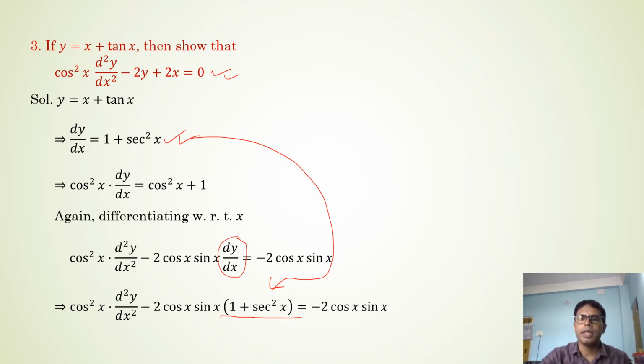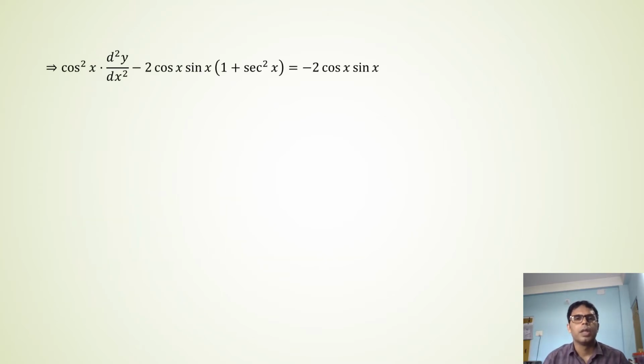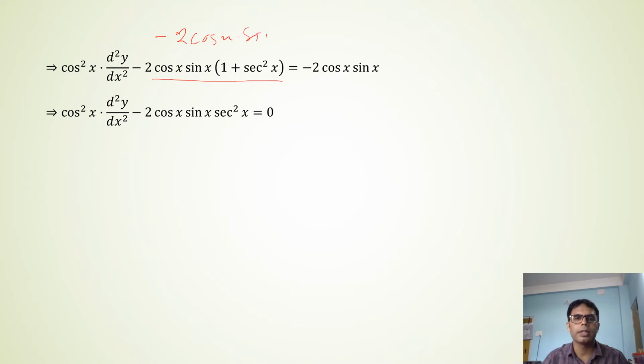Okay, so after that you see, this was the previous line. Then cos square x into d2y/dx2 minus, after completing the product, what will be the term there? The term is minus 2 cos x into sin x, then minus 2 cos x into sin x into sec square x, is it not?